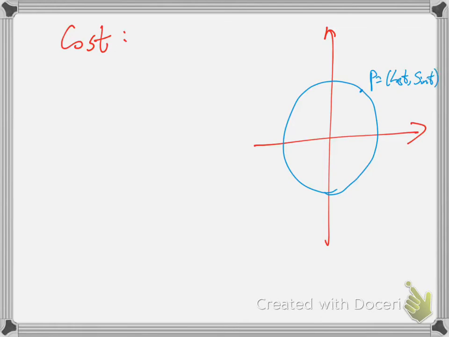Cosine will be the x part of any point on the unit circle. Here the radius is 1. When we have angle 0, we have the first point 1, 0. So the x part is 1.